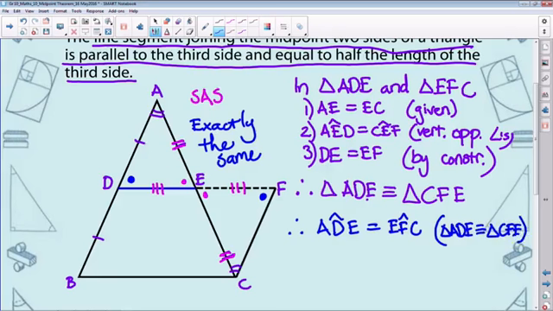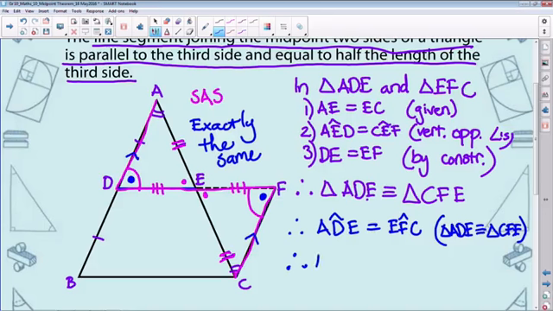Oh, I made it by the skin of my teeth. And that means, because this has formed a Z shape, and because this angle is equal to that angle, they are parallel lines. Because this kind of relationship only ever happens when the lines are parallel.